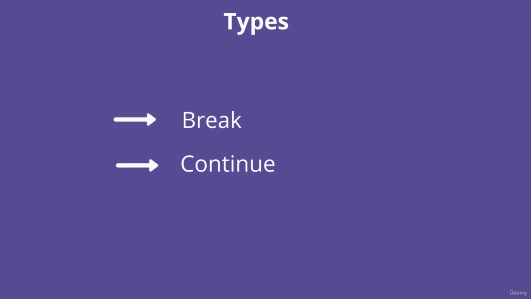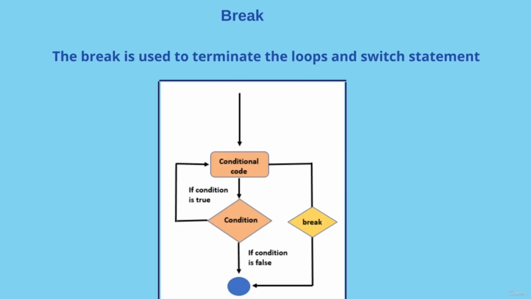You have already seen the usage of the break keyword in the switch, where after each case and default we have applied this break keyword in order to terminate the switch statement. Very similarly, we will be using this break keyword to terminate the loops as well. When this condition is false, the loop will get terminated.